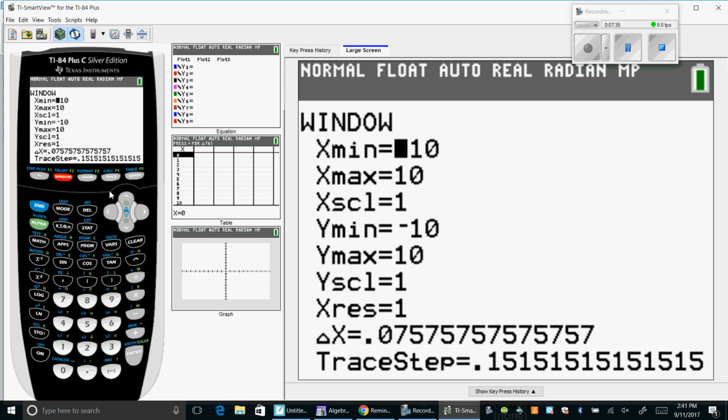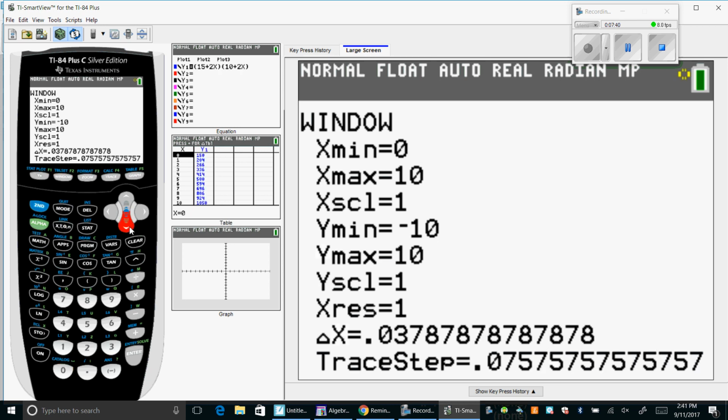So I couldn't have x be a negative number. Let's go from 0 to 10 on my x's, and on my y's, let's go from 50 to, I don't know, 150 maybe? It might be too much.